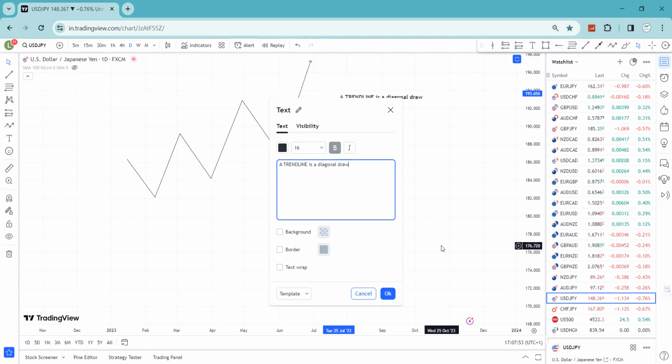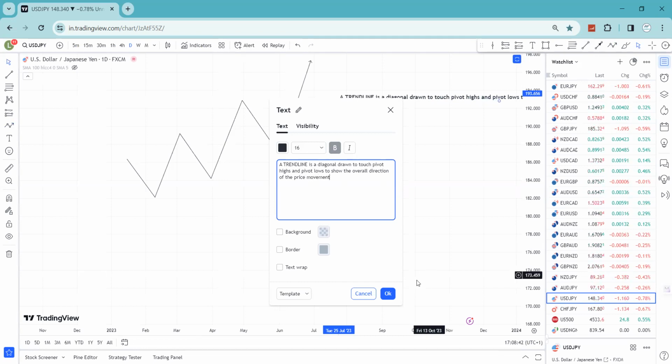It's a diagonal line that is drawn to touch pivot highs and pivot lows, to show the overall direction of price movements.